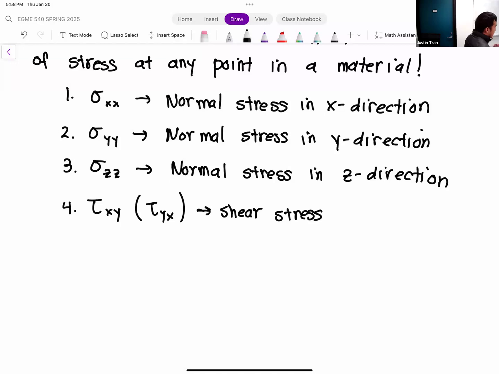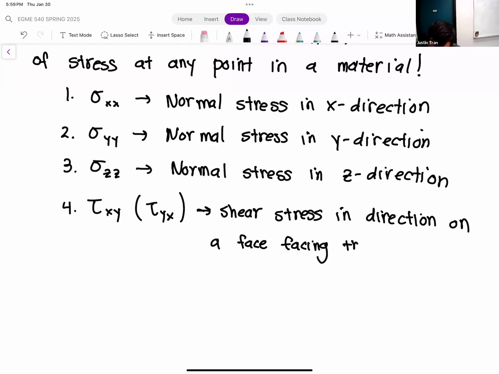This is a shear stress in the y direction that's parallel to an x facing face. I know that sounds really confusing, but I'll illustrate it for you once I finish listing all the components. And that is actually equivalent to the shear stress that's in the x direction that's on a y direction facing face.